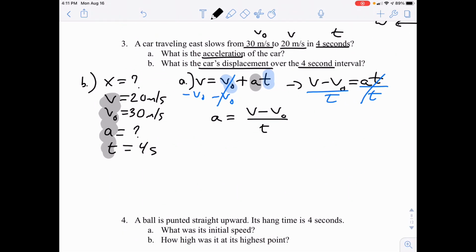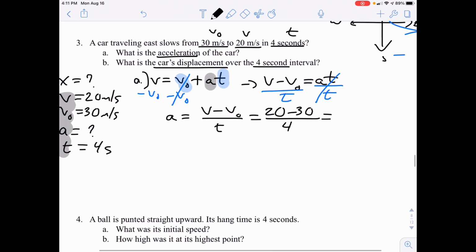Now we can go ahead and plug in: 20 minus 30 over 4, which would be negative 10 over 4, which would be negative 2.5 meters per second squared.